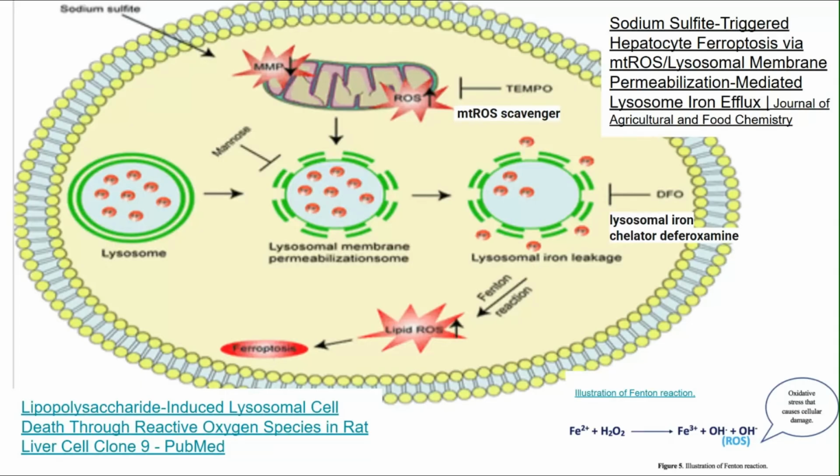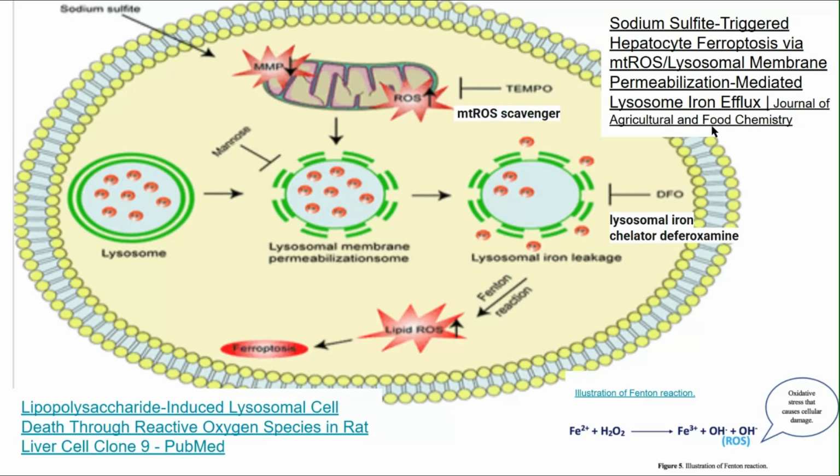When cells are exposed to excess sulfite, it increases reactive oxygen species, and it can cause these lysosomes that carry iron to release iron into the cytosol, where it can cause the Fenton reaction. Remember, that is ferrous iron plus hydrogen peroxide produces ferric iron and hydroxyl radicals.